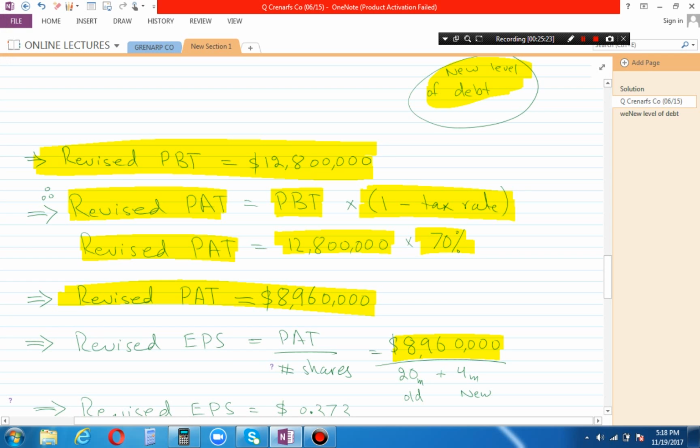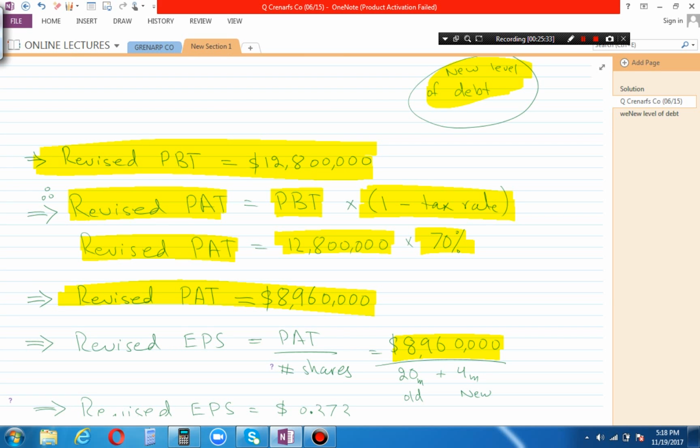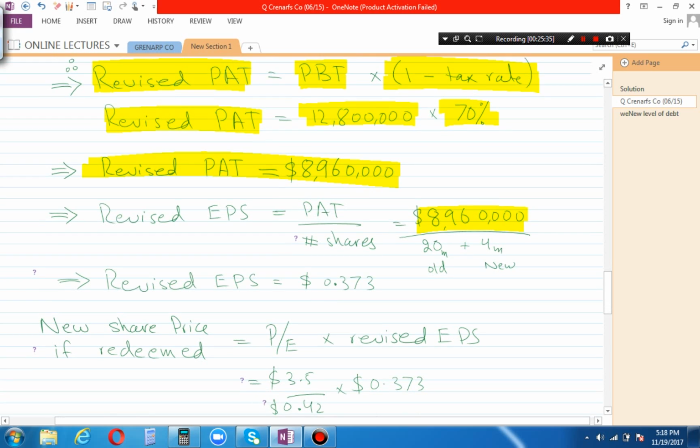The old number of shares as per our question is 20 million, and it is a 1 for 5 rights issue, so the rights issue is 5 times smaller than the old number of shares, so the rights issue is 4 million. 20 divided by 5 would be 4 million. So overall the new number of shares after the rights issue would be 24 million, and this will give us a revised EPS of $0.373.